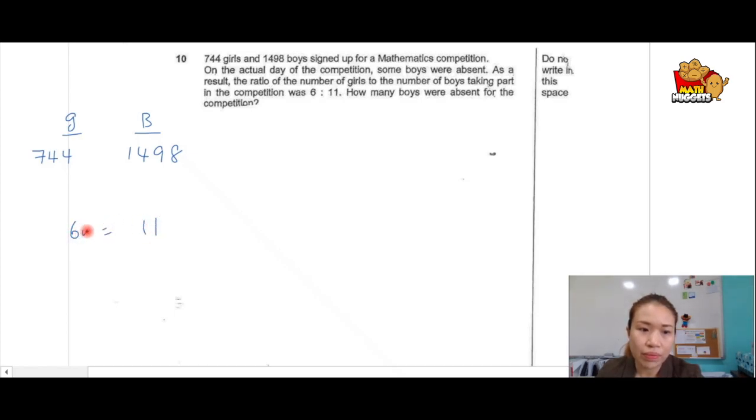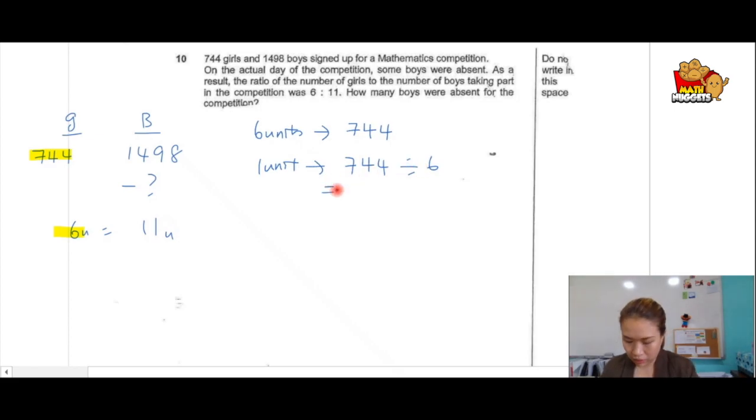So there were some boys who did not attend. However, all the girls attended, right? Which means 6 units will represent 744. So from here, we'll be able to find out 1 unit. It's 124.